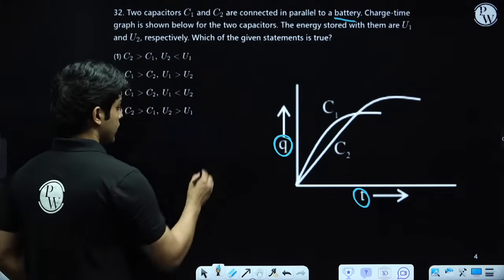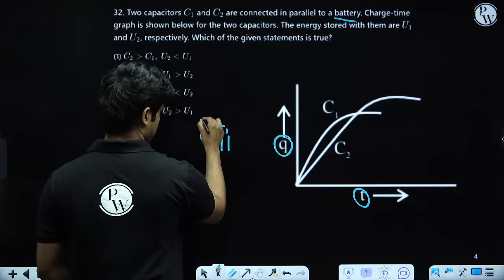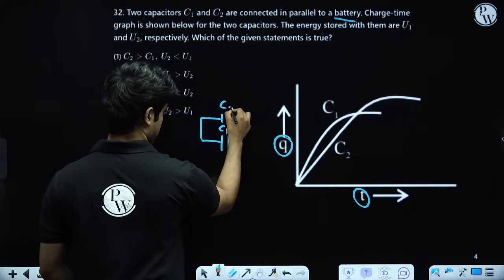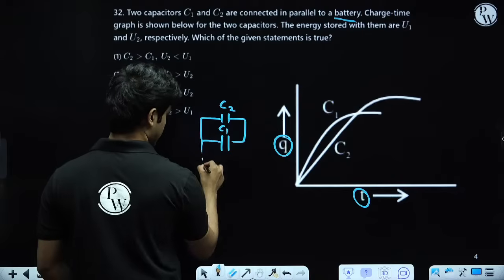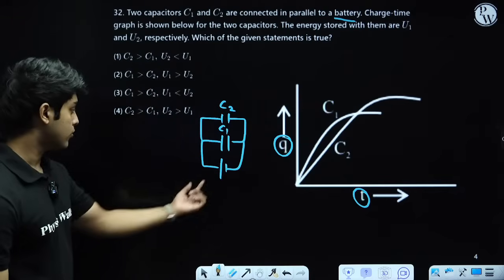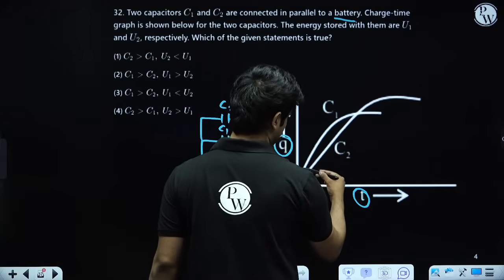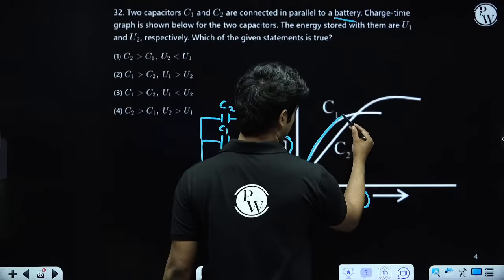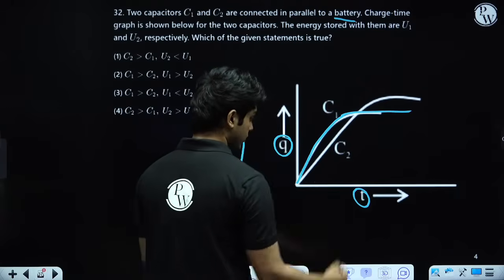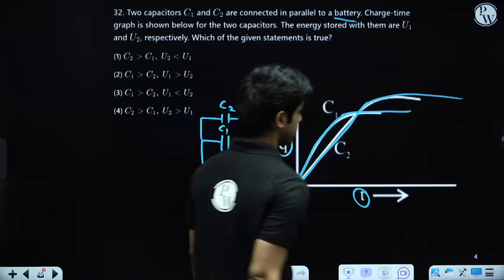So the situation is we have two capacitors, C1 and C2, and they are both connected in parallel to a battery like this. Each capacitor will take some time to charge up, and then it will attain its peak value, and similarly the other capacitor will also charge up and attain its peak value.